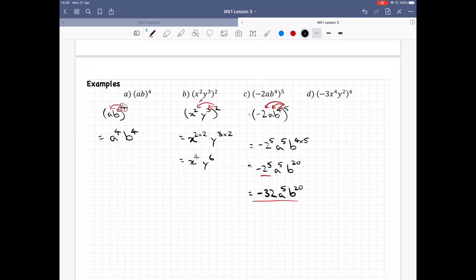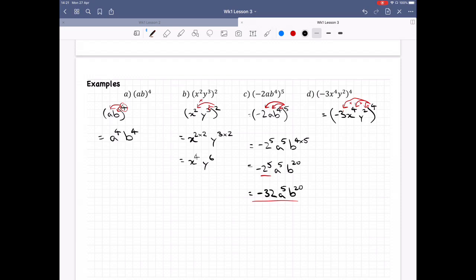Doing one more example, we're going to continue this, and the rules are going to stay exactly the same. We have got (minus 3, x to the power of 4, y squared) all to the power of 4. So just like before, we're going to multiply that 4 with every term as a power for every term that we have there.